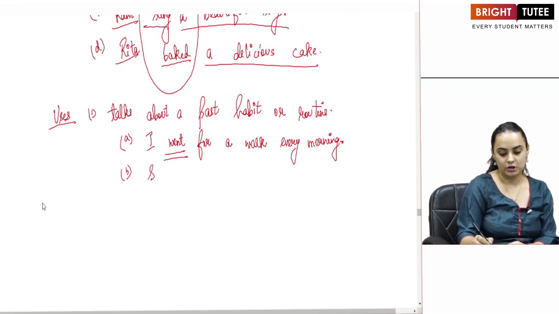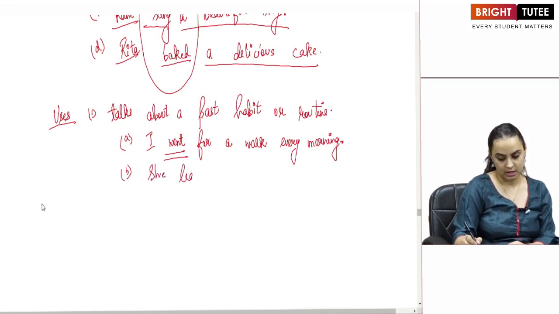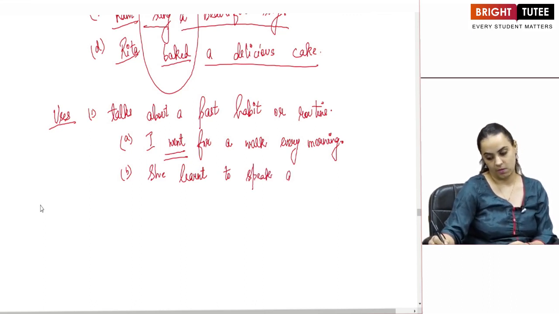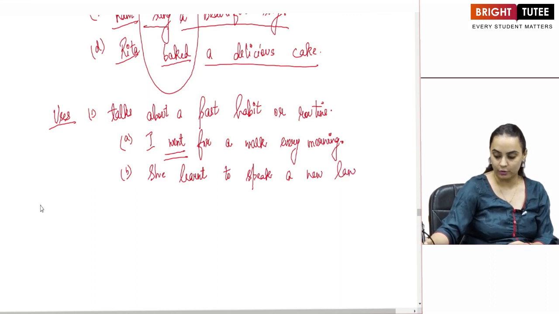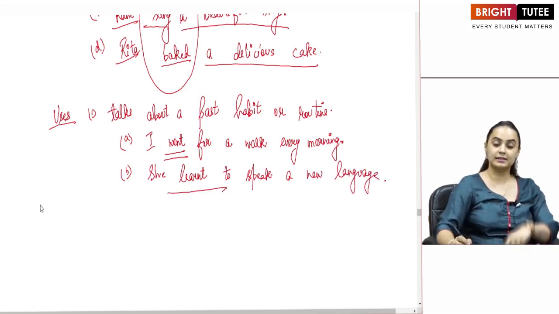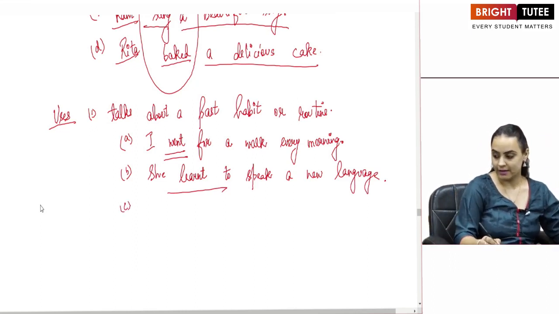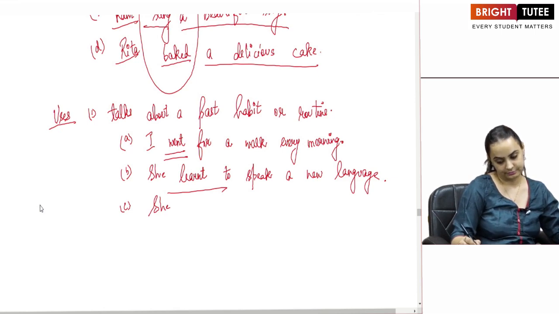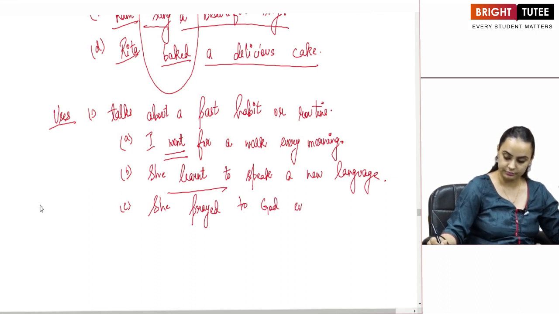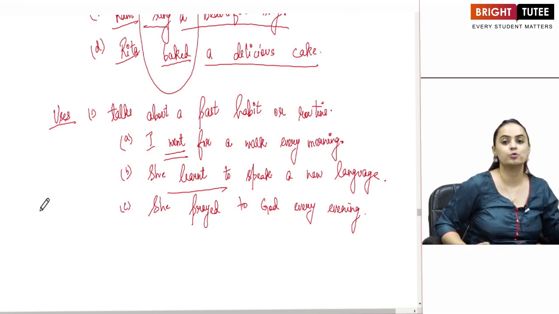If I say, she learned to speak a new language. So this is again something that took place in the past. She had learned to speak a new language. If I give you another example, she prayed to God every evening.